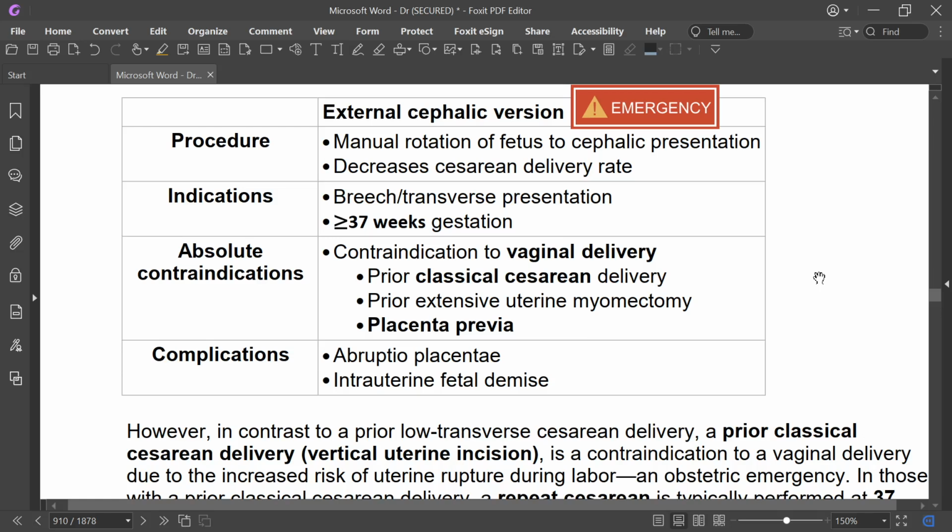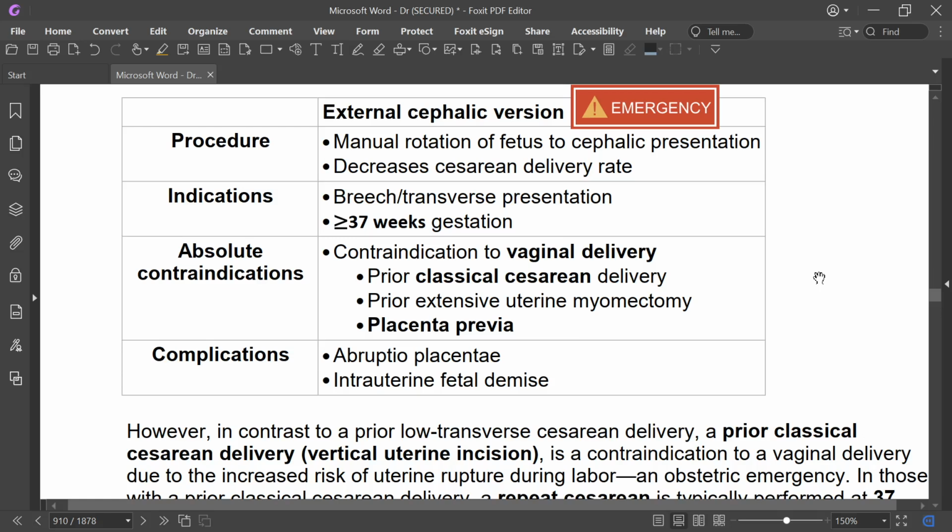Absolute contraindication is contraindication to vaginal delivery, like prior classical cesarean section, like prior extensive uterine myomectomy, like placenta previa. So prior classical cesarean delivery, prior extensive uterine myomectomy, and placenta previa.